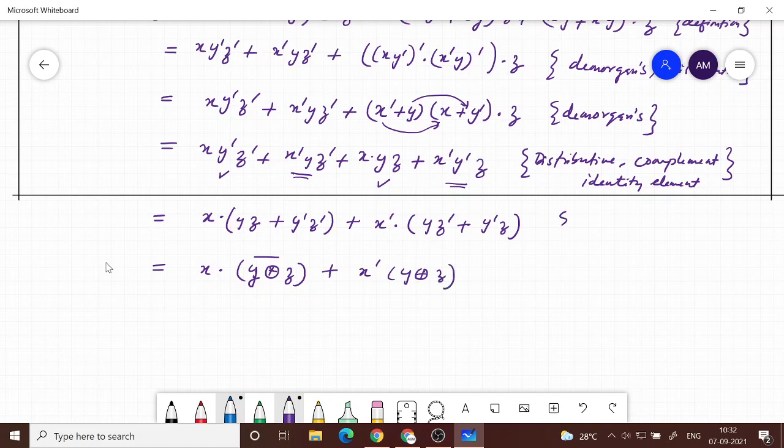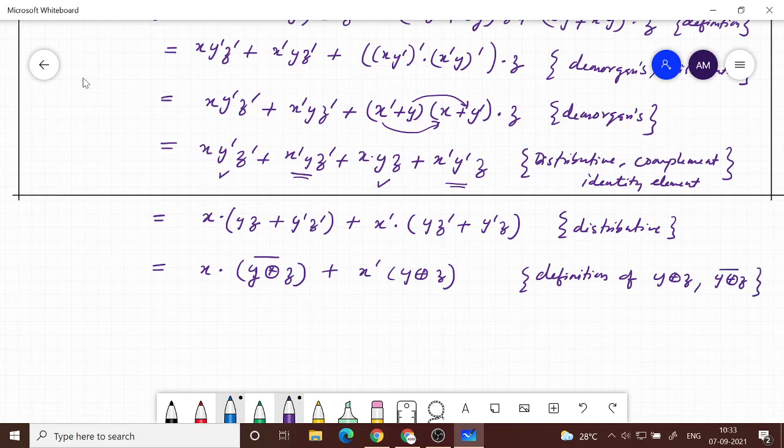So what I did here was distributive. That's all I did, nothing else. I just distributed, and then I used the definition of the XOR operation and the XNOR operation.